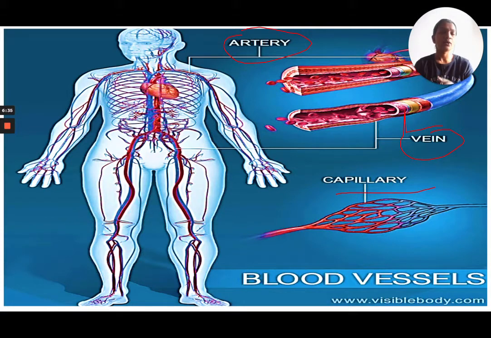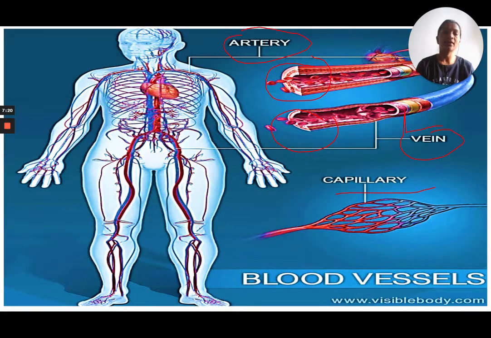From this diagram, you will get an idea about the structure of artery and vein. You can see in this picture, arteries have a thick wall structure and veins have a thin wall structure. Now the main question is where are the artery, vein and capillary situated in our body?